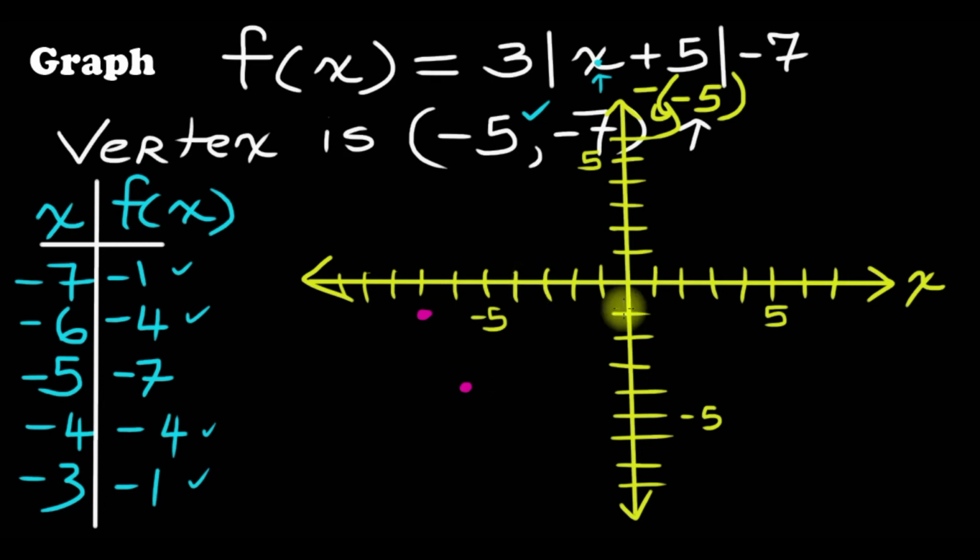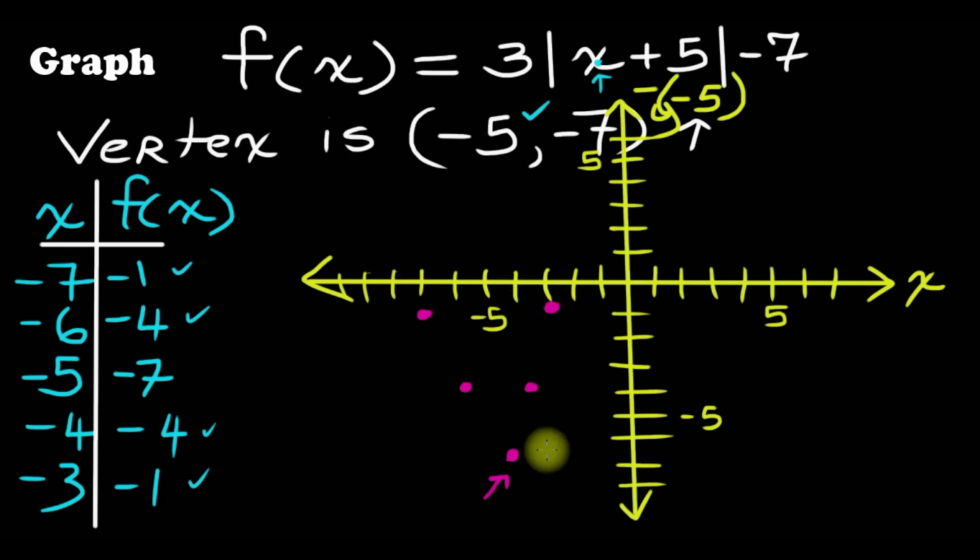And then negative 5, negative 7, all the way down here. This is going to be your vertex. And then negative 4, negative 4, so it's going back up. And then negative 3, negative 1, so we're right over here.